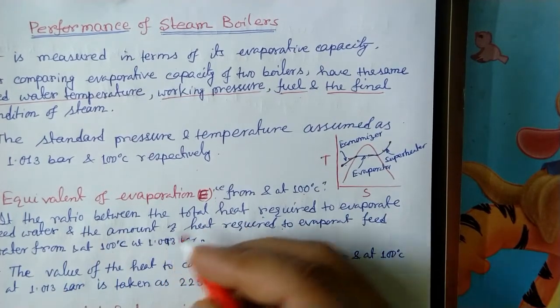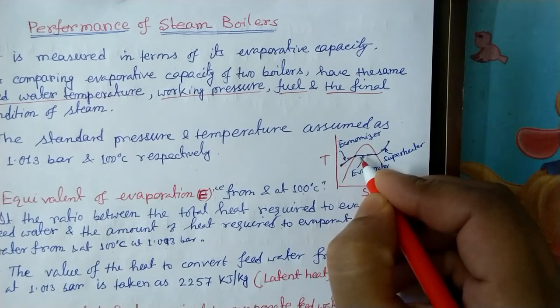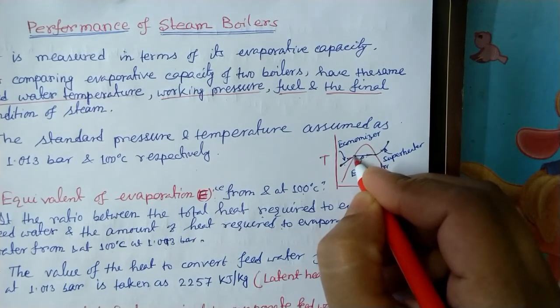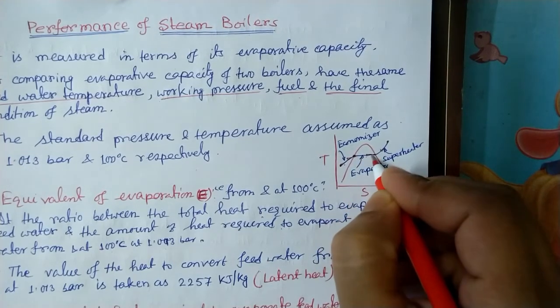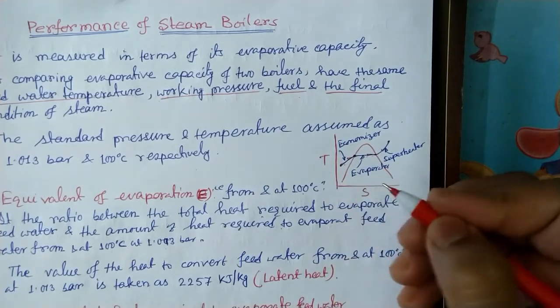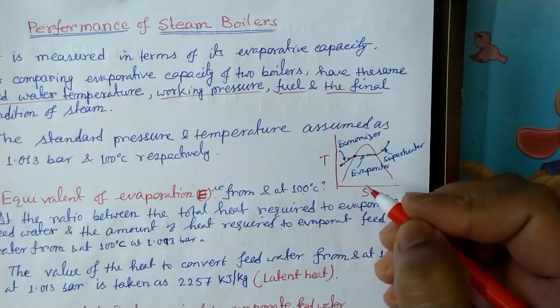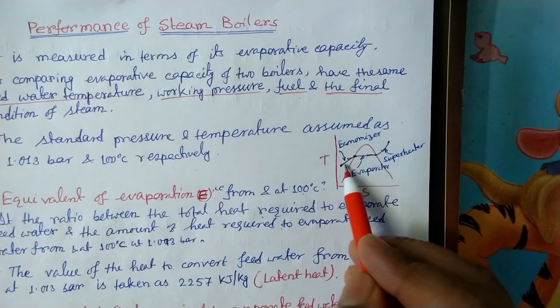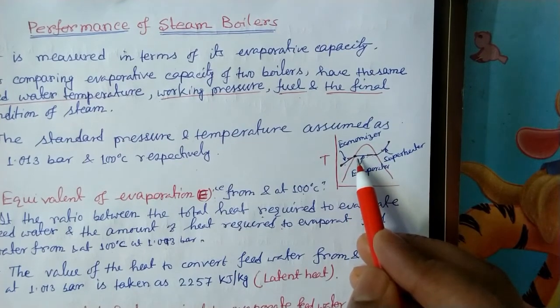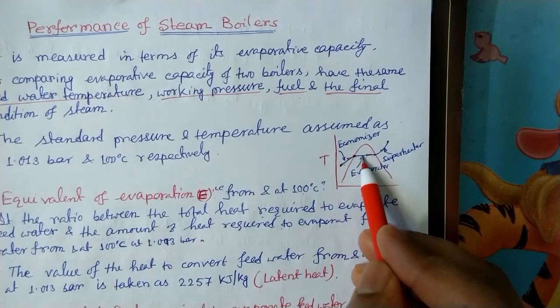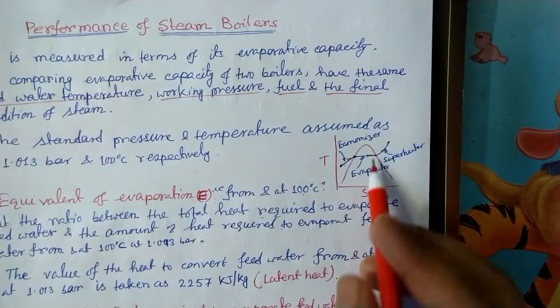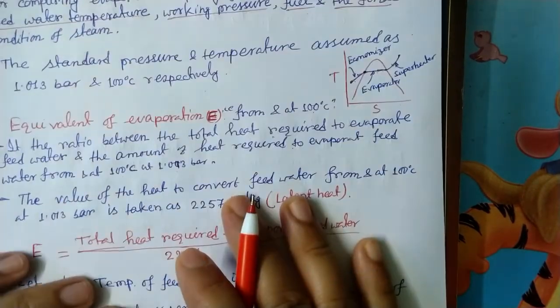At 1 atmosphere, if your feed water temperature is 100 degrees centigrade, it will be saturated liquid. So from saturated liquid to saturated steam, how much heat is required? The ratio of these two is defined as the equivalent of evaporation.